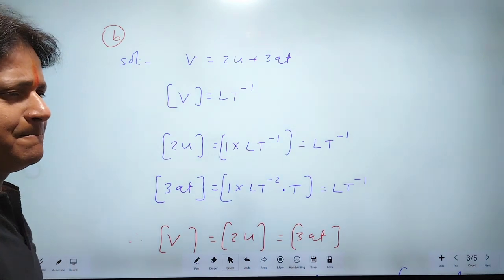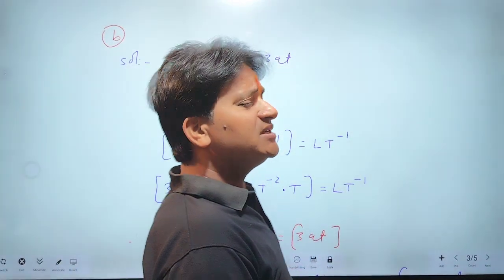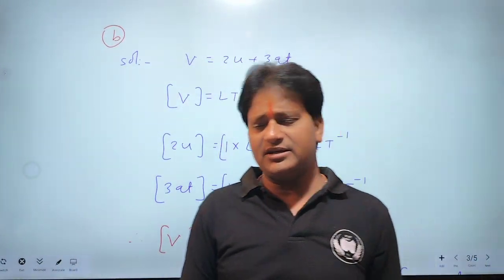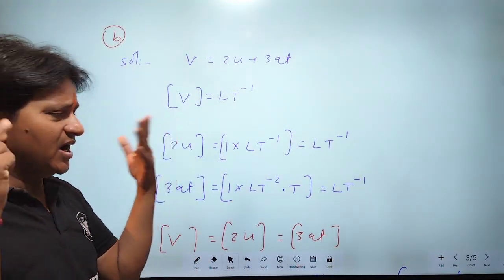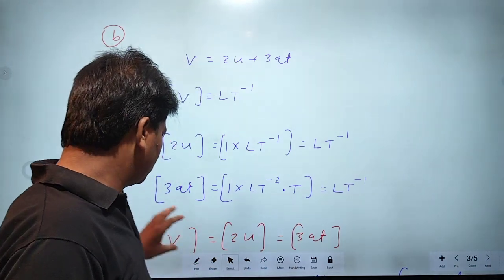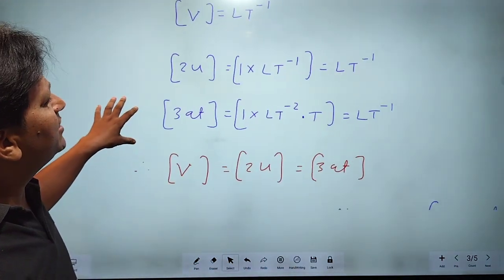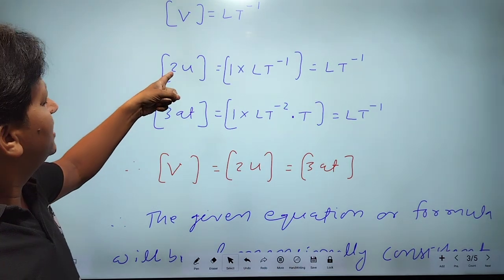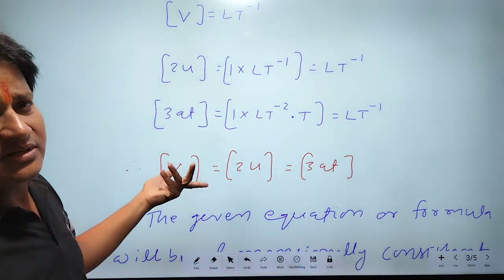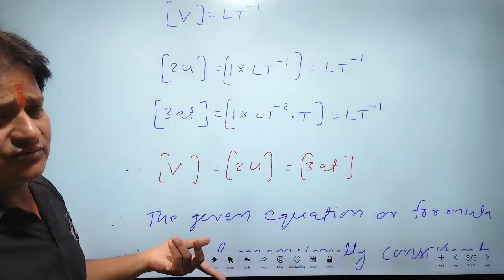We know that if the power is 0, then the value will be equal to 1. Now the dimension of 2: 2 is a number, therefore the dimension of 2 is 1.